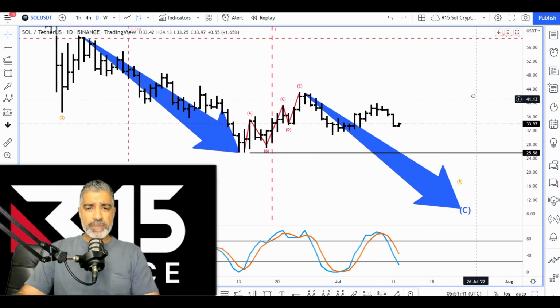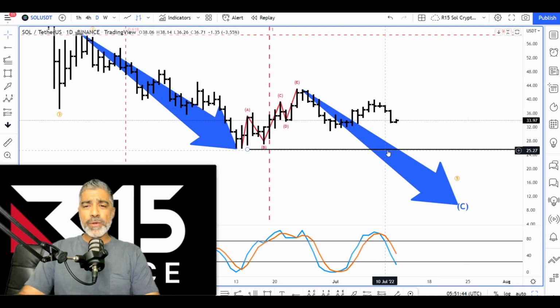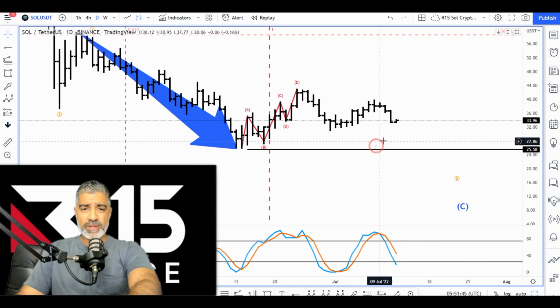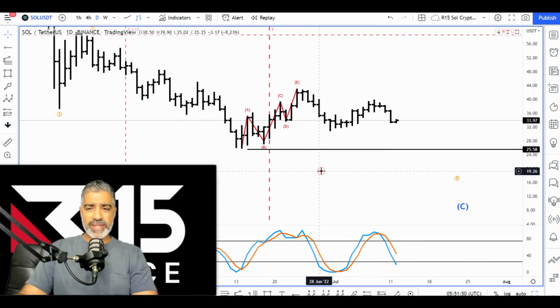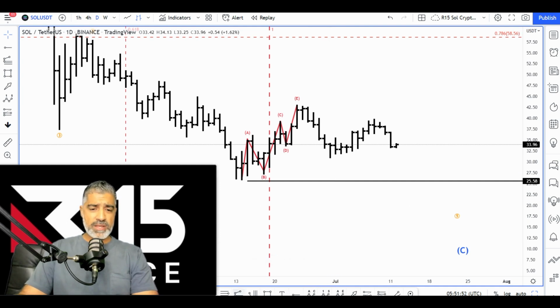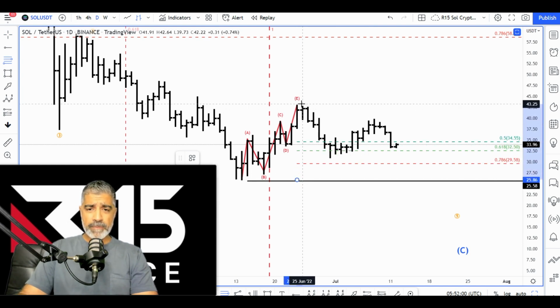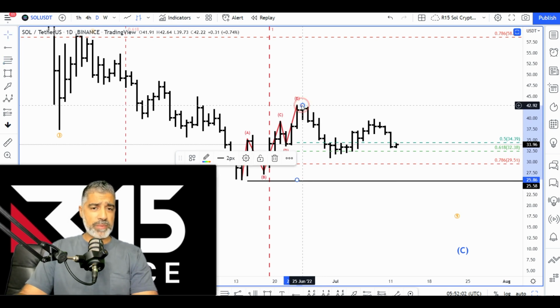So what I'm going to do here is something called an external retracement. Right? It's a powerful tool, very powerful. And I've got a momentum indicator. I'm just going to move that for a second. We're going to measure this correction. We're going to take the low of this correction, and we're going to measure this high. And there's 2 key ratios that we want to be aware of.